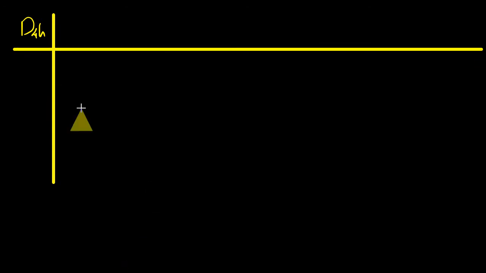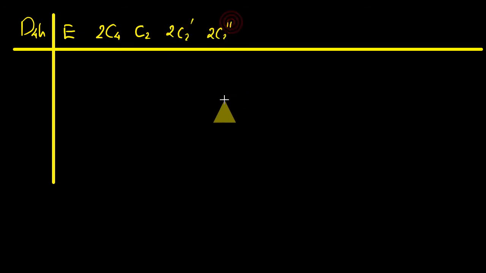The elements are E, 2C4, C2, 2C2 prime, 2C2 double prime, and after that inversion i, 2S4, sigma h, 2 sigma v, and 2 sigma d.